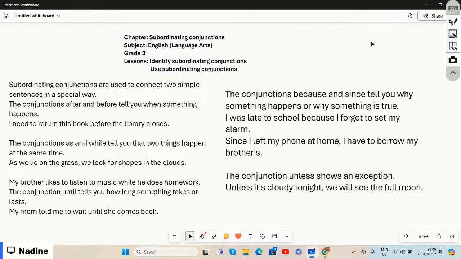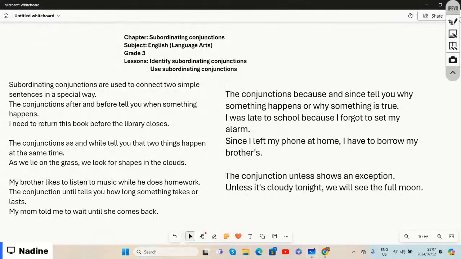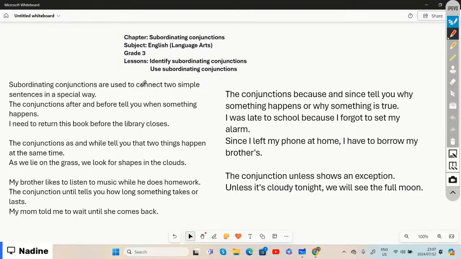In this case, we have our subordinating conjunctions, and subordinating conjunctions are used to connect two simple sentences in a special way.